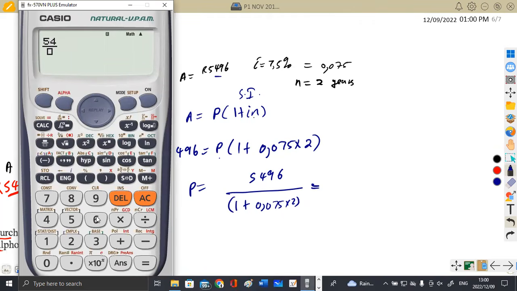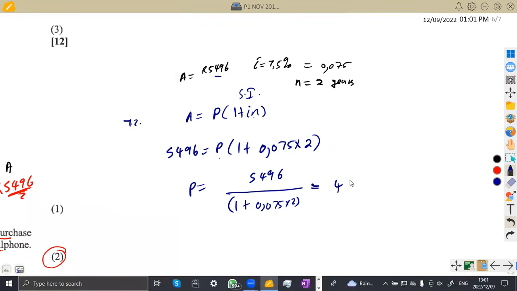That's 5496 over 1 plus, we can just multiply 0.075 times 2. There's no need actually of opening these brackets. All right, so you're going to obtain 4779, comma, to 2 decimal places, comma 13.